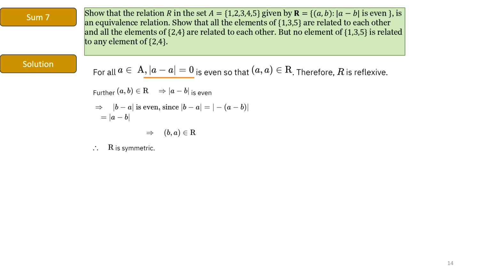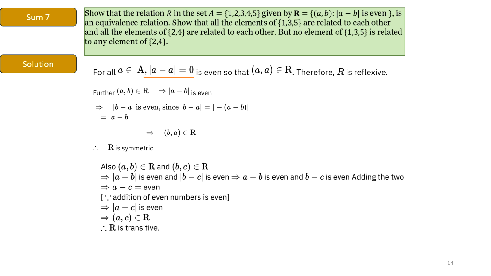If mod of a minus b is even, mod of b minus a should also be even, and hence R is symmetric. Since a minus b is even and b minus c is even, adding two even numbers gives an even number. Hence, a minus c is also even and (a, c) is in R, which implies that R is transitive as well.